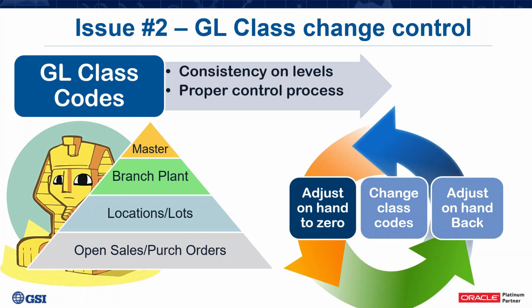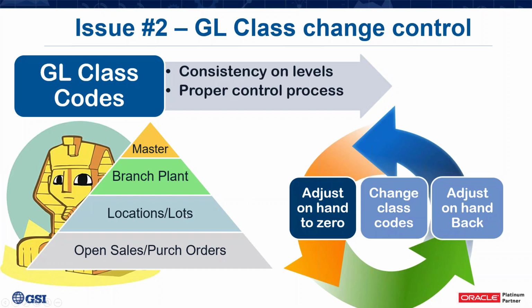So if we think about that, inside of the item ledger, if we have transactions that add up to 10 units and there's 10 on hand, those are all done under the initial GL class code. So in our case, raw materials. So we want to adjust it to 0 to zero out the quantity on hand, have the transactions that have the raw material GL class code summarize to 0. Then we can go ahead, change our GL class code to finished good.